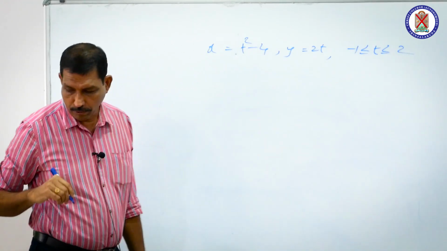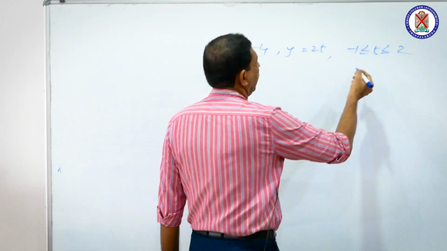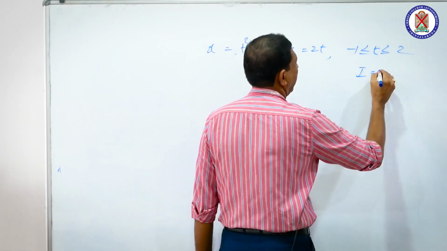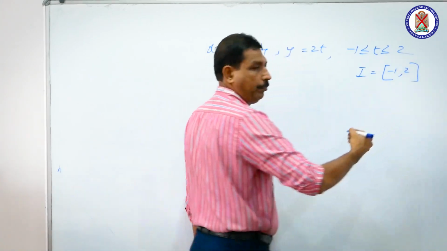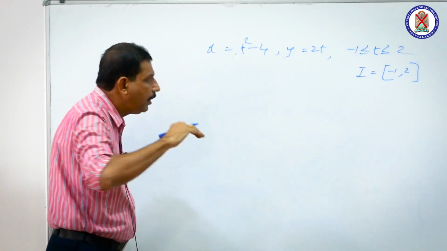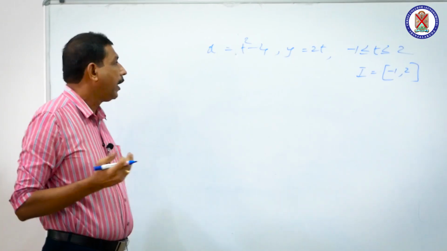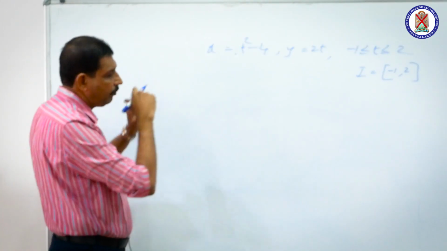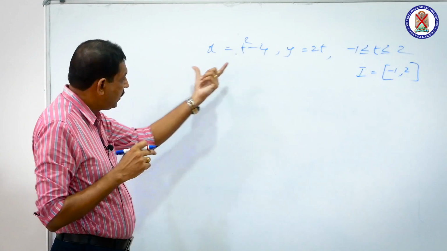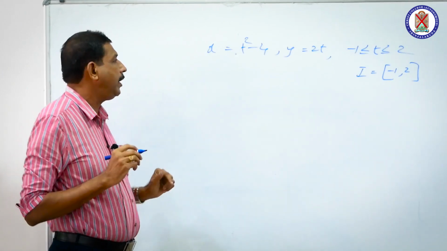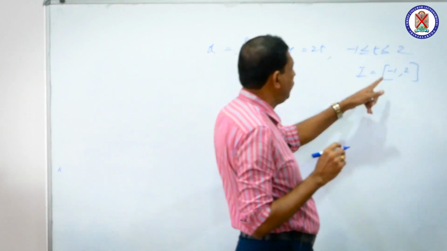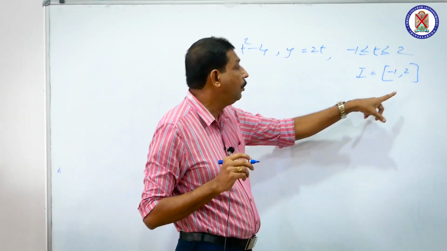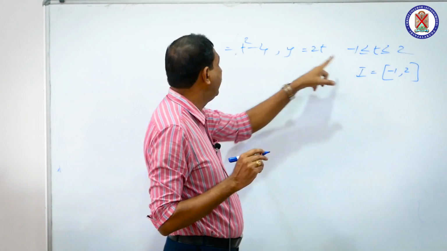Here the interval I is equal to [minus 1, 2]. Therefore, t ranges between minus 1 to 2. In order to draw the curve of this equation, we will find the function values at different points between minus 1 and 2 for t.